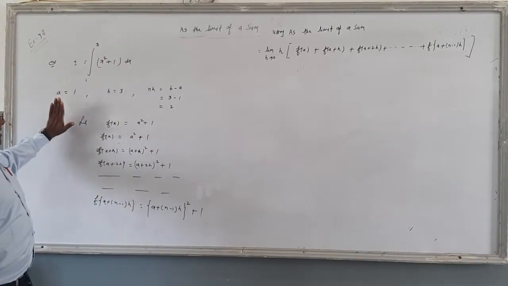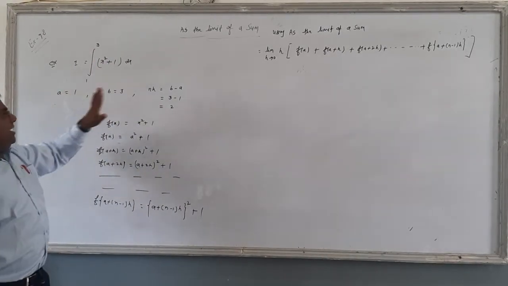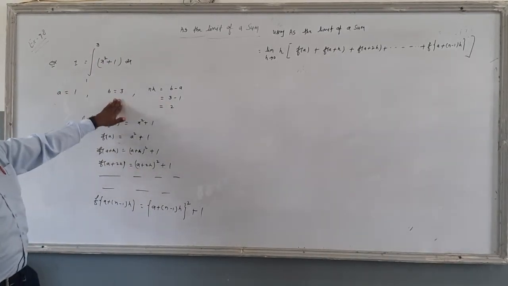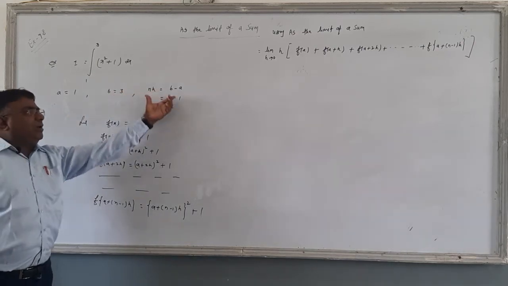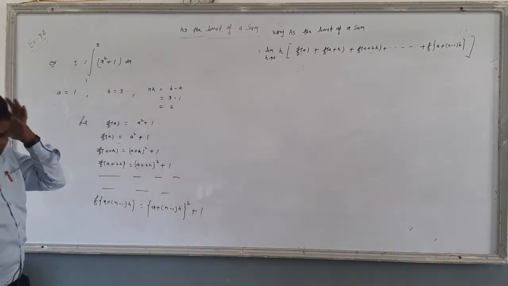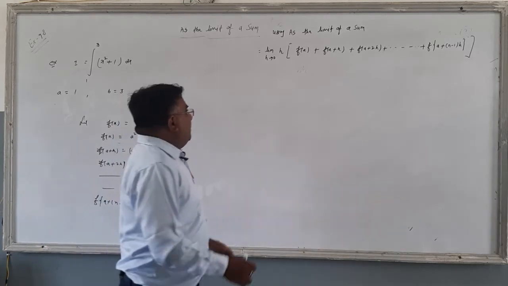Find a, find b, where a is the lower limit and b is the upper limit, and find nh. The formula of nh is b minus a, upper limit minus lower limit.